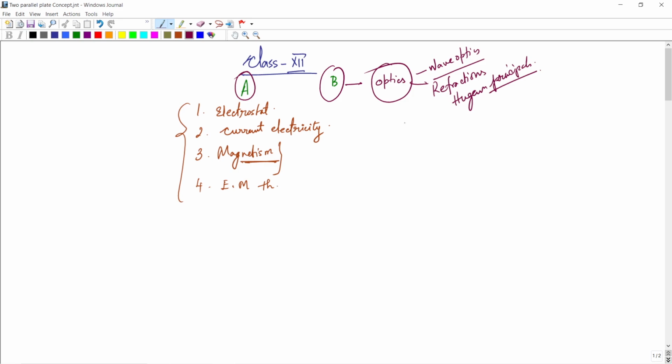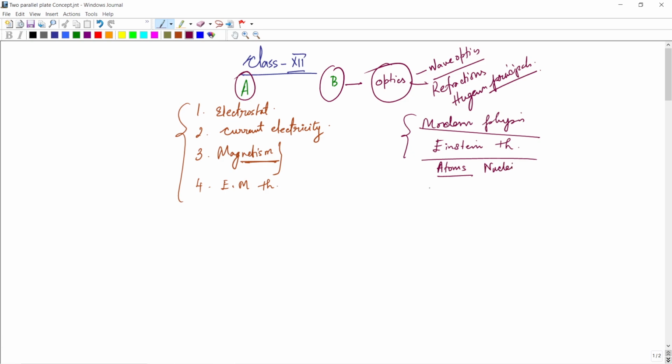Next is modern physics. That is Einstein's theory, and Einstein's equation is discussed mainly in this portion. Next we discuss atoms and nuclei, the concept of what atoms are and what nuclei are.